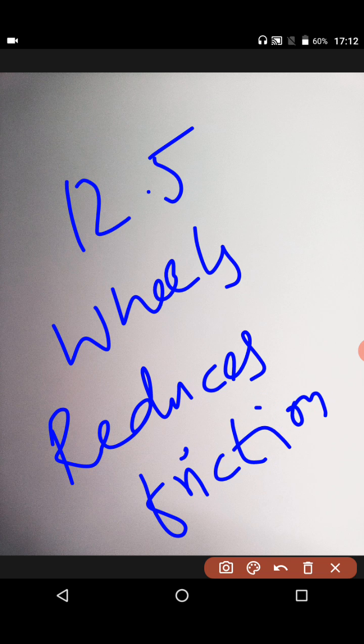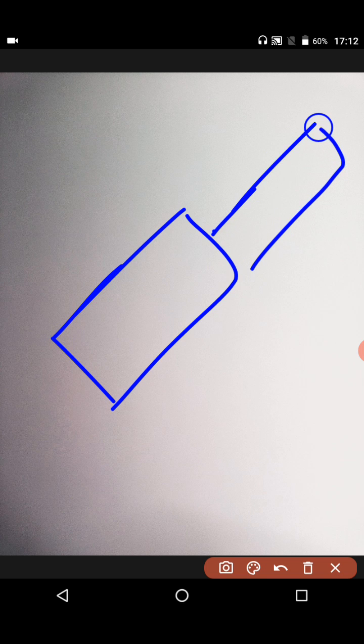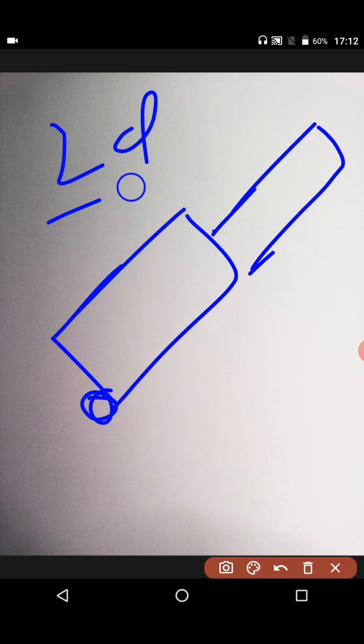Have you ever seen wheeled luggage, like a suitcase? I'm not that great an artist. A handle will be there and here wheels will be there, two wheels, and on the other side one more. Here I am showing just a 2-dimensional view.